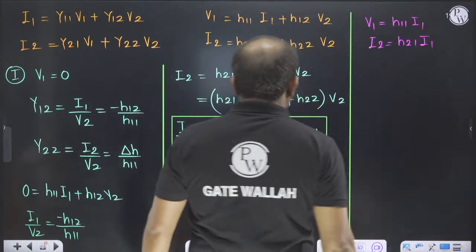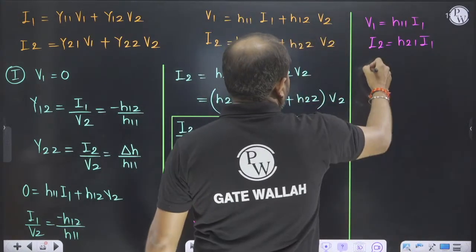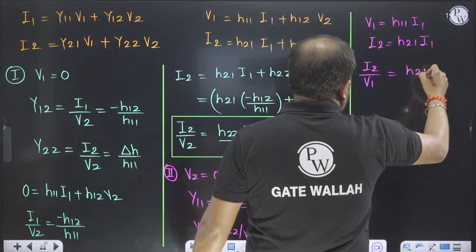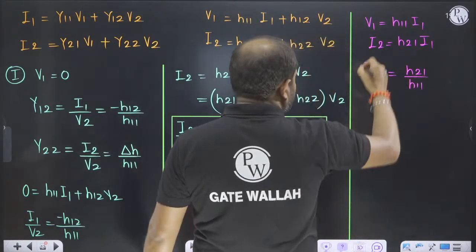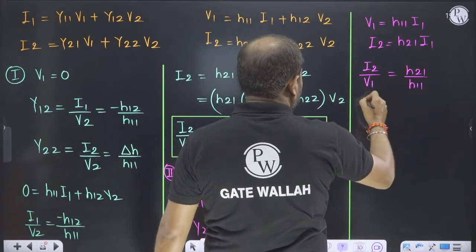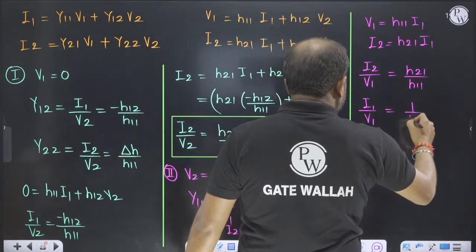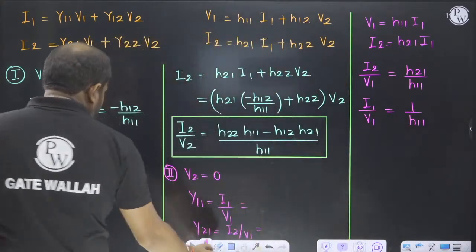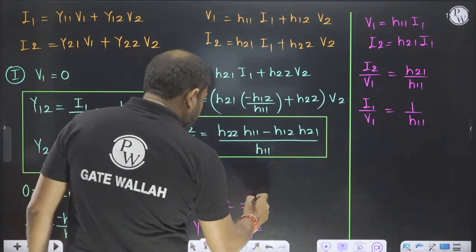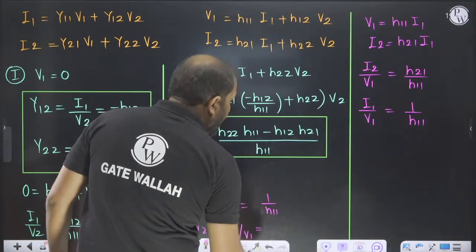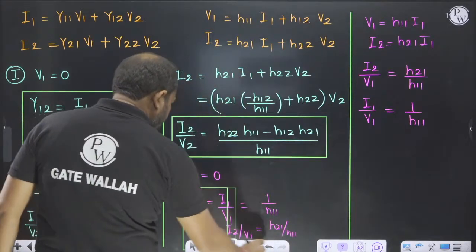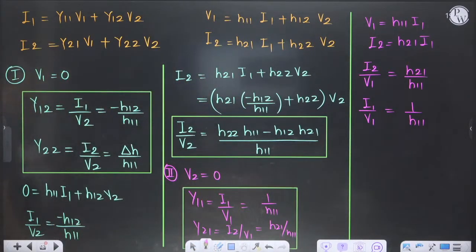So I2 by V1 will be equal to H21 upon H11, and I1 by V1 will be equal to 1 by H11. So we have calculated everything.